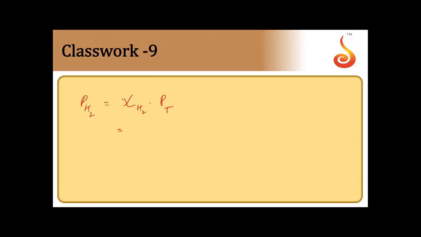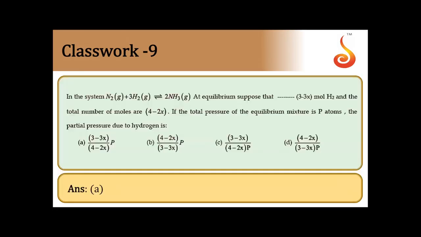The mole fraction is the number of moles of hydrogen, which is 3 minus 3x, divided by the total number of moles, which is 4 minus 2x, into the total pressure P itself. That gives the partial pressure. So the answer is A.